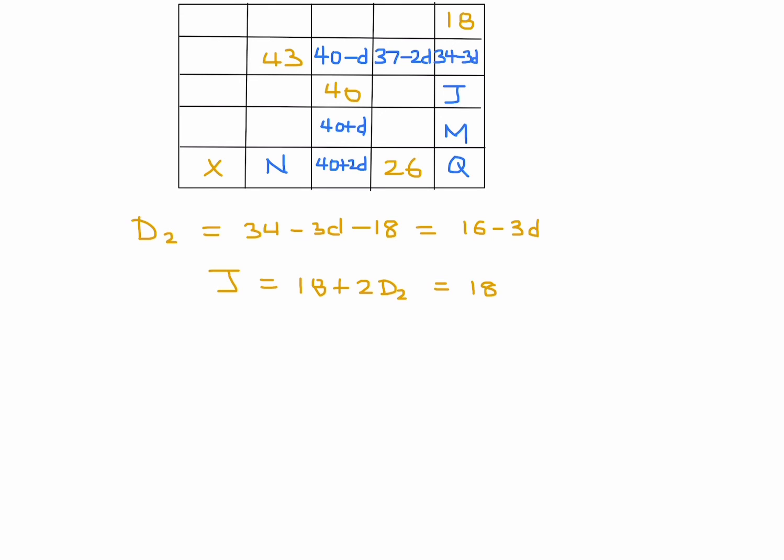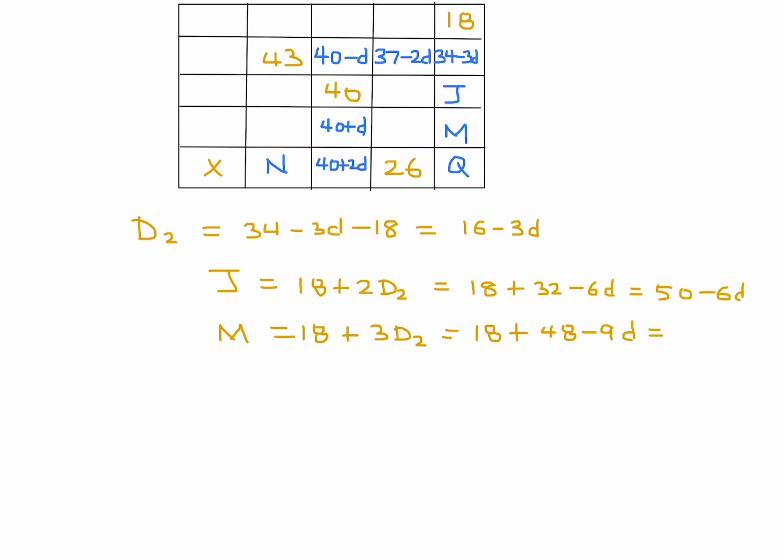And that's going to be 18 plus 32 minus 6D. So that is 50 minus 6D. M is 18 plus 3 times D2, so 48 minus 9D.